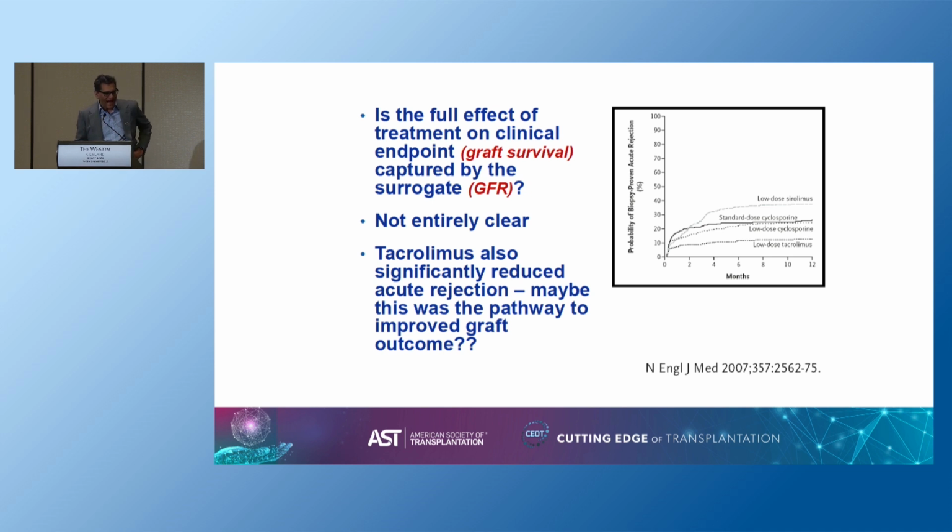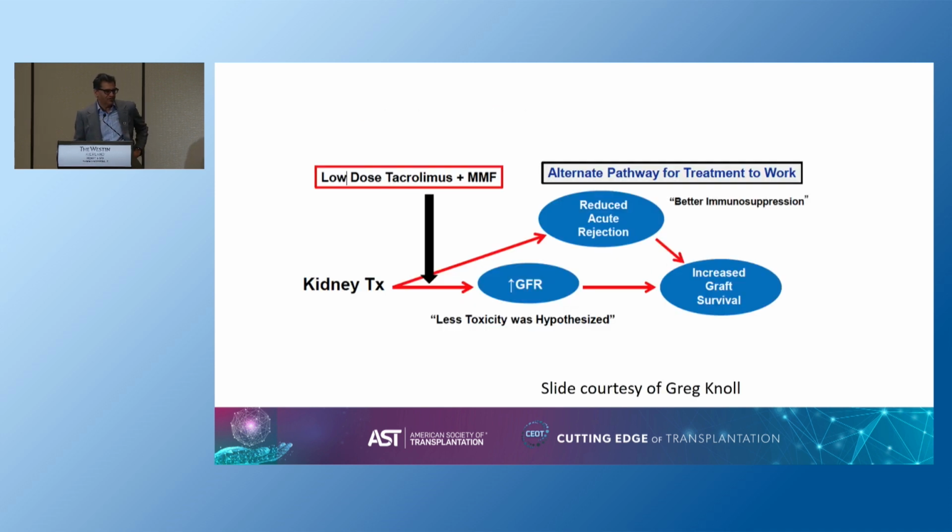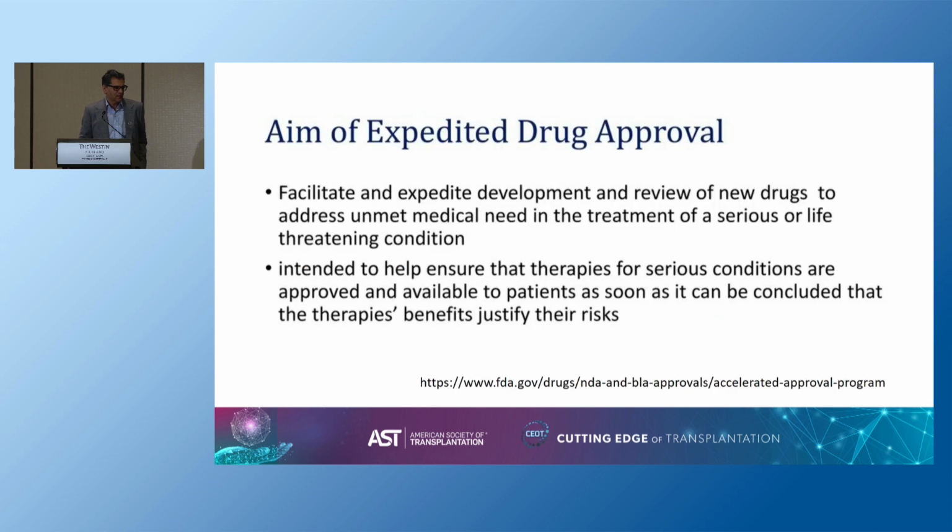So if we put this back into the framework that I showed you previously, really there's a question about whether the effect on long-term survival that you saw with the low-dose TAC arm is mediated through GFR, or is it mediated through acute rejection, a little of both, and would the acute rejection effect be encapsulated by GFR? So that just shows you the complexity of trying to nail this down according to the Prentice criteria.